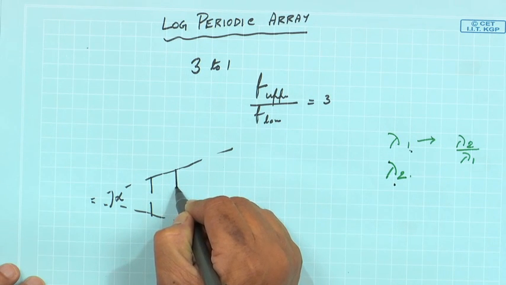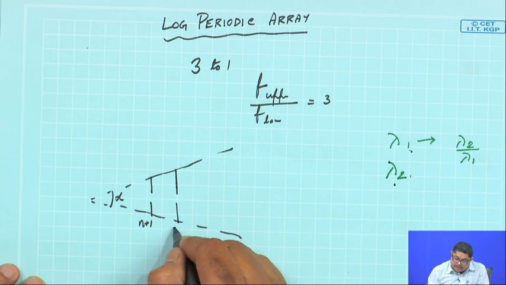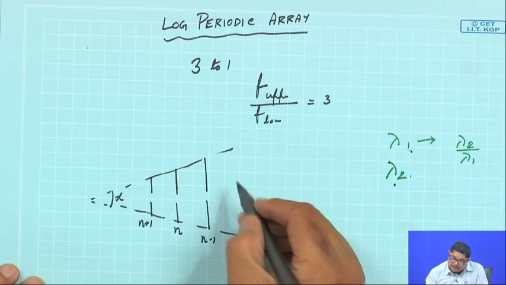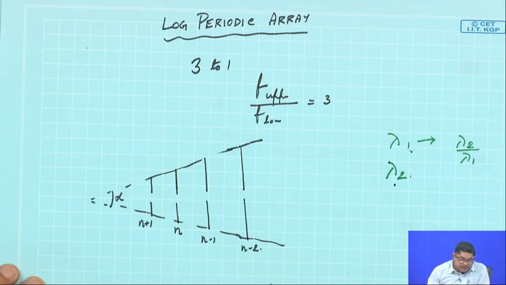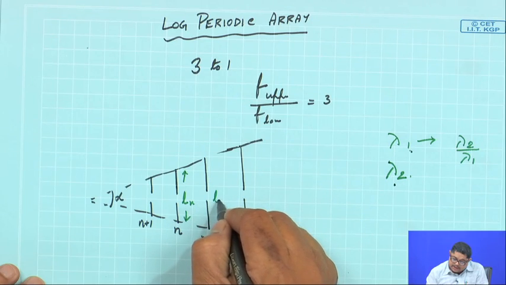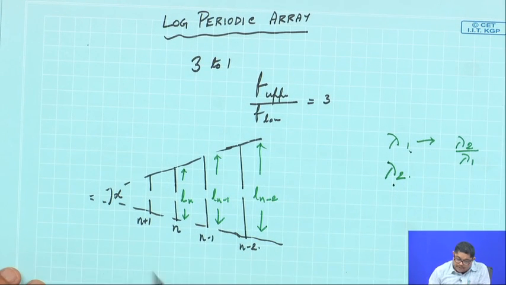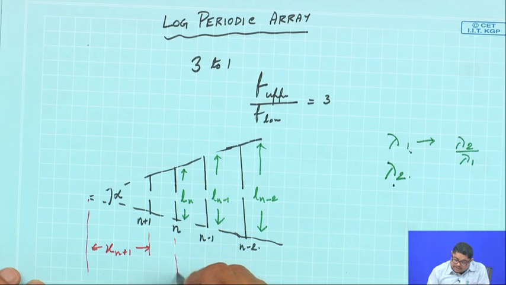Now, you see if I take an element here that is getting scaled, suppose I call it the n plus 1th element, I call this the n element, then this is n minus 1, this is n minus 2, and let us say that this length is ln, this length is ln minus 1, and this distance is x n plus 1, this distance is x n, etc.